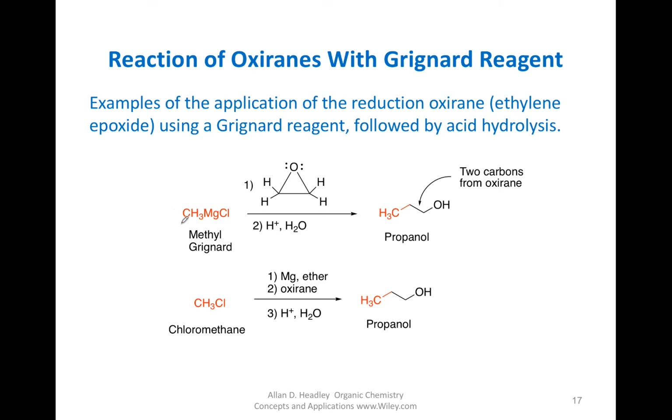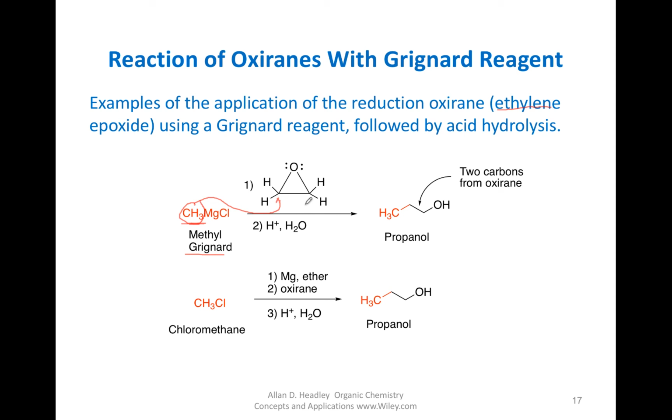So here we have organomagnesium, good old Grignard reagent, methyl Grignard, 1 carbon. And this is a specific epoxide, ethylene epoxide or oxirane. As you can imagine, this negative will react with this carbon. Why that carbon? It could be either carbon, because they have 2 hydrogens bonded to it.